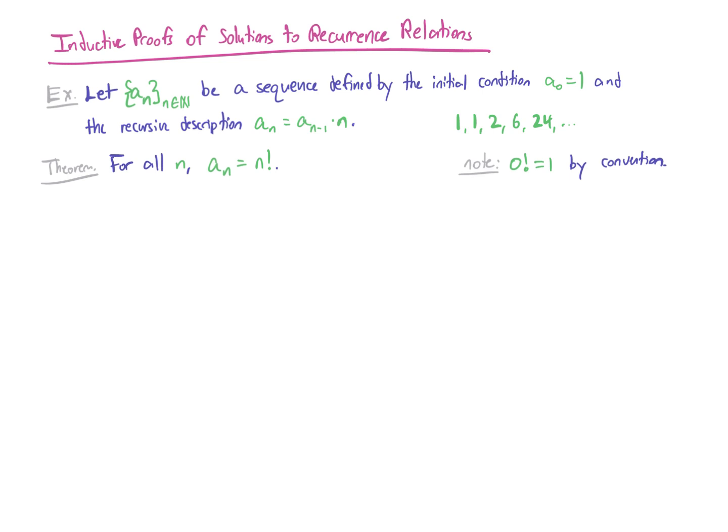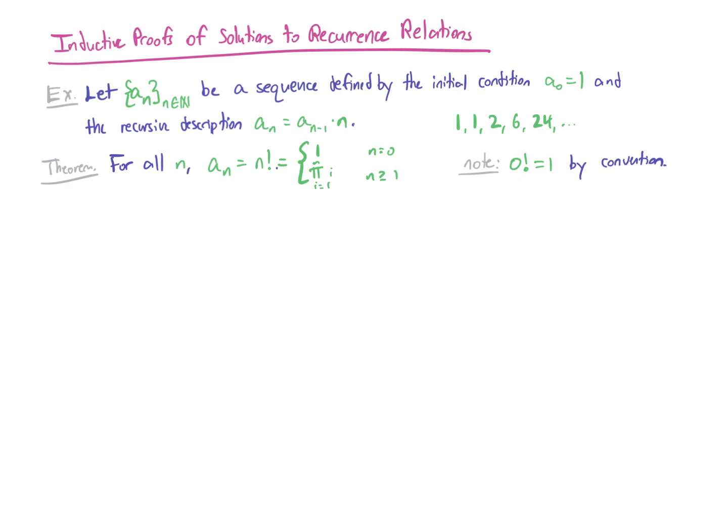So theorem: for all n, it's the case that a sub n is equal to n factorial, where remember, n factorial is defined in the following way. n factorial is 1 if n equals 0. This is just by convention. And then n factorial is equal to the product of everything from i equals 1 up to n of i if n is greater than or equal to 1.